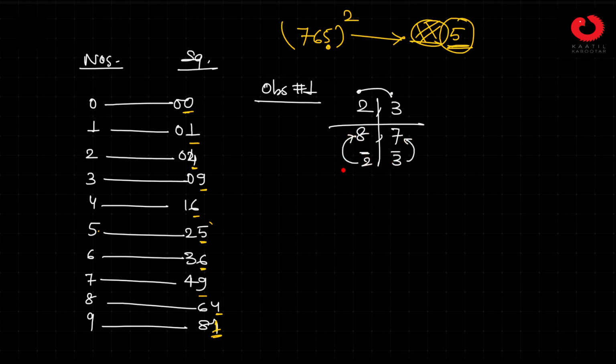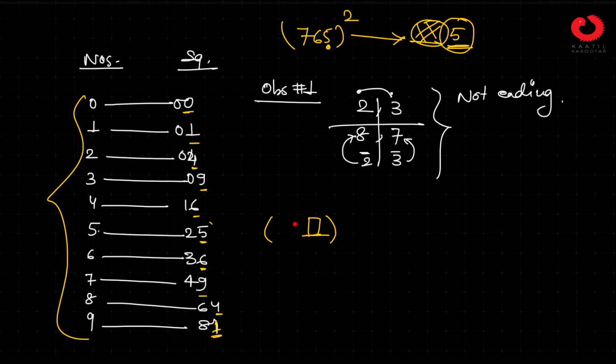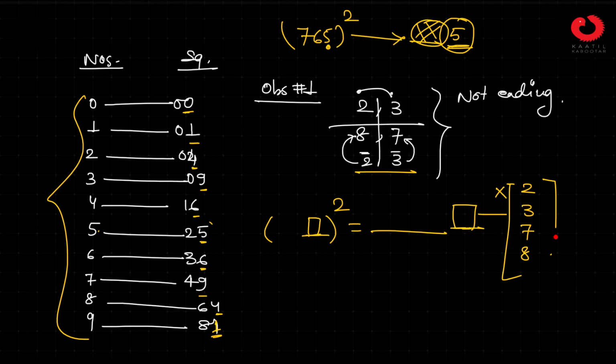You just remember that the last digit of any number after squaring does not end with these numbers. So suppose you have a number; it will surely have one of the digits from this set. But when you square it, the last digit cannot be any of these 4 numbers. Those cannot be 2 or 3 or 7 or 8. So this is the very first observation we saw.